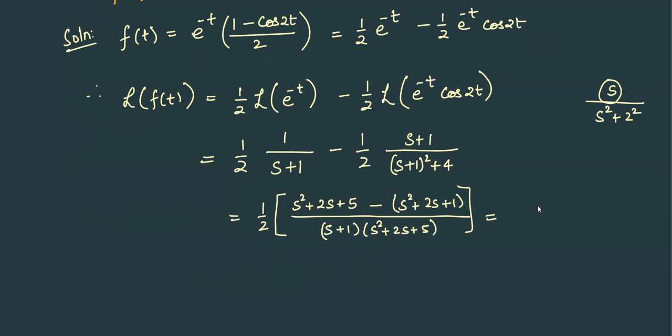So we are left with everything cancels. We are left with 4 by 2, which is 2. So this is the Laplace transform.